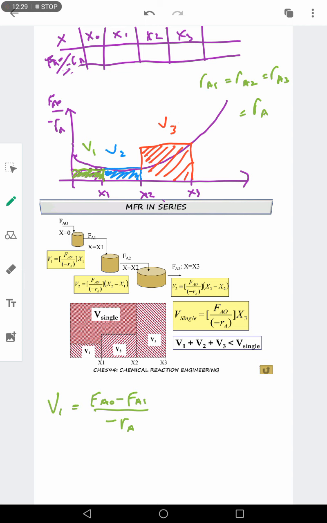So we want to convert FA0 minus FA1 into terms of conversion.